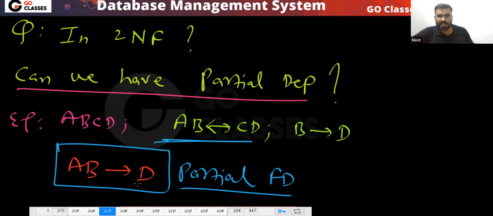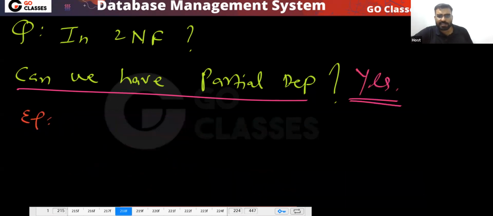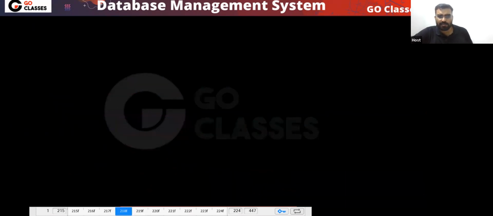This is prime and this is a candidate key. So this partial dependency is not a problem to 2NF. Is this clear to everyone?